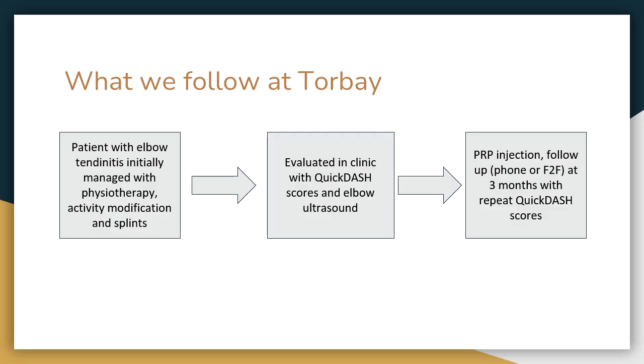If they agree to a PRP injection, we take their blood, centrifuge it, generate the platelet rich plasma, and inject it under ultrasound guidance into the area with the maximum disorganization, and sometimes neovascularization when you turn on the Doppler mode of the ultrasound. We usually follow them up either by phone or face to face at 3 months' time for repeat QuickDASH scores.